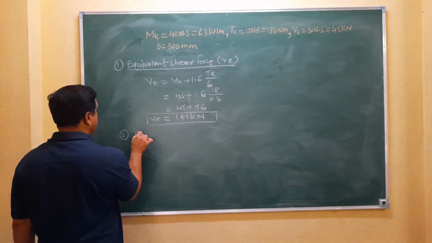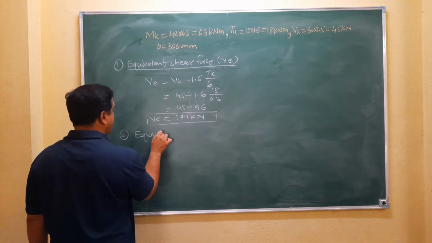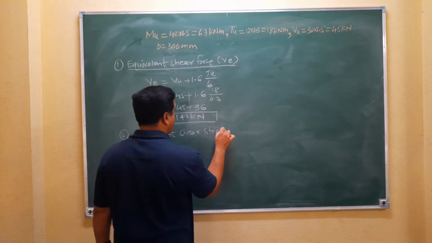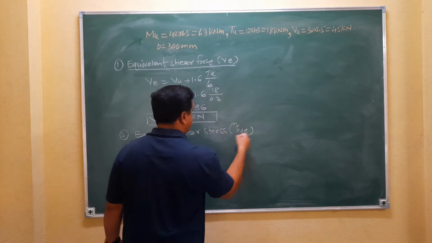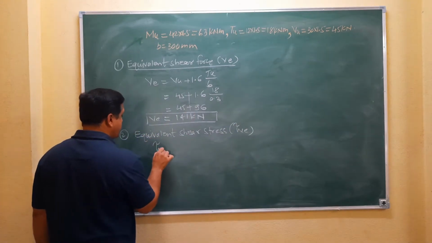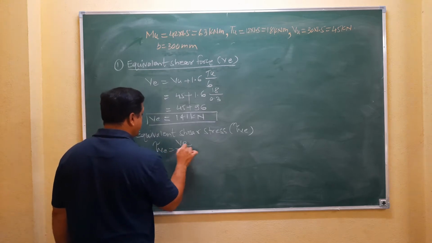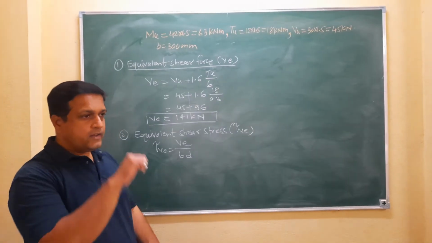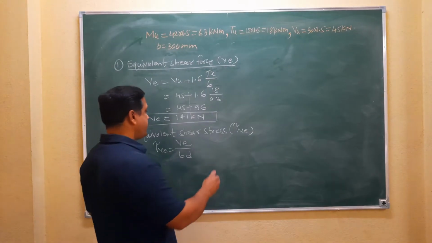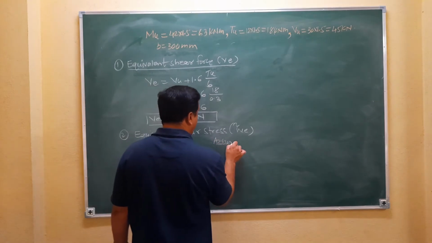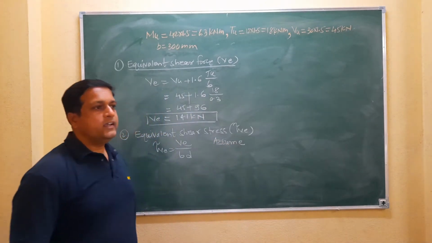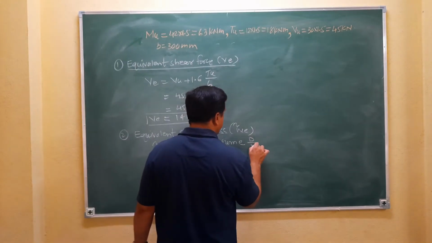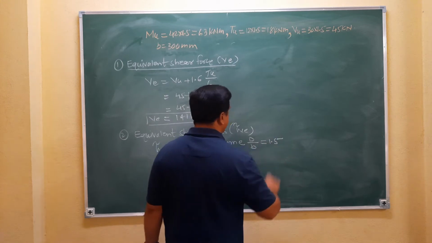Step number 2, equivalent shear stress. Equivalent shear stress tau ve is equal to Ve divided by b into d. Now we require the depth of the section. So to avoid the iterative method, assume directly capital D by b ratio is 1.5.